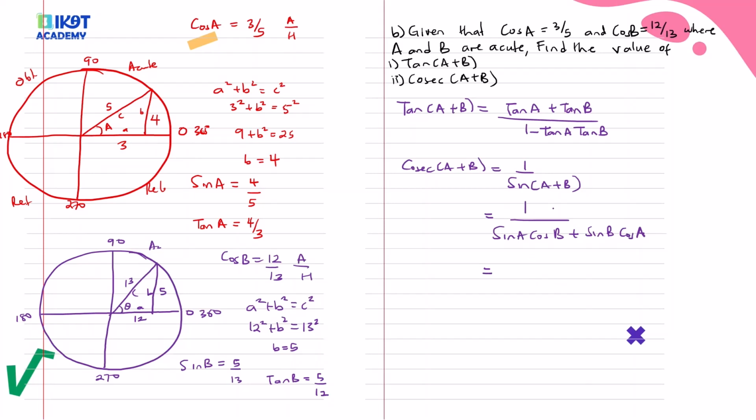Just substitute each of these and you eventually find out. So the answer here is going to be 65 out of 63, and the answer here is going to be 63 out of 16. So we can do that.